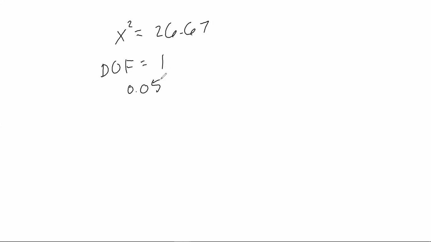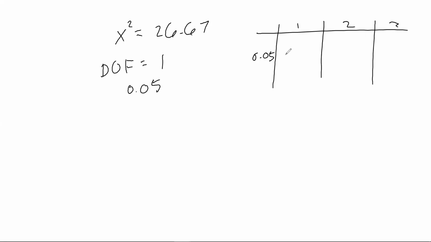Anyway, let's say, for instance, this table is giving us these values. We have 0.05, and 1 degree of freedom, 2 degrees of freedom, 3 degrees of freedom, and it's giving you like 1.2, 3.75, 5.76.